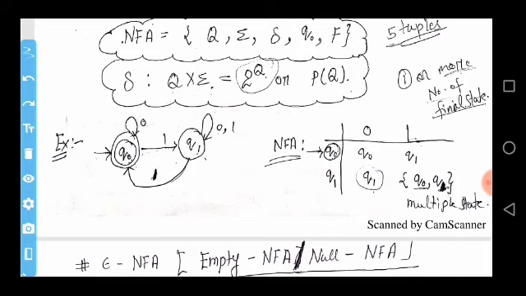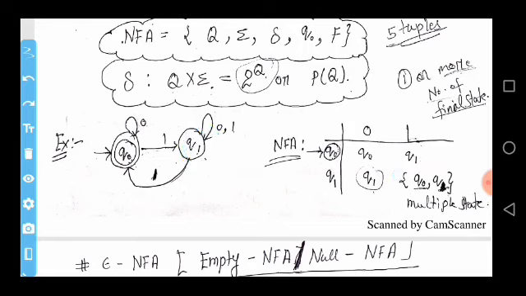When we give input symbol 0 at the state Q0, it goes to Q0, so we write Q0 here. And when we give input symbol 1 from the Q0 state, then it goes to Q1 state, so it is represented on this side as your final state.